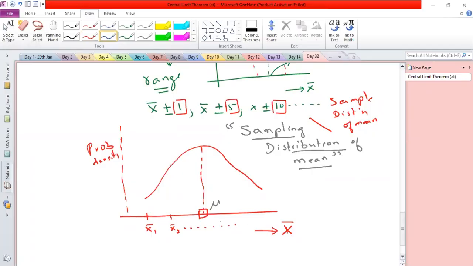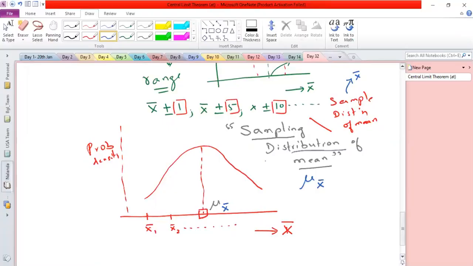Here, this one I call mu of x bar. This is mu of x bar. This one is simply x bar. Guys, be with me. Many people don't understand this. Sample distribution of a mean basically is an x bar.